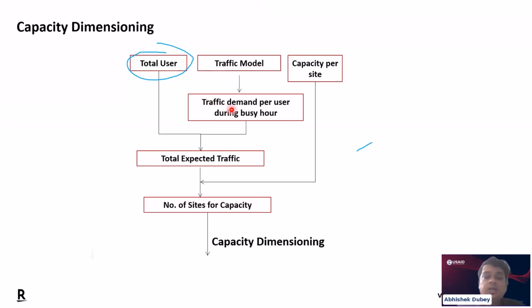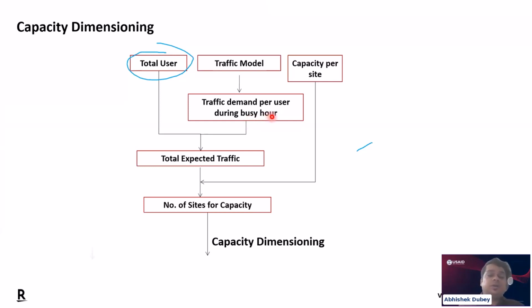You got the traffic model. Now you will calculate the traffic demand in the BHCA, the busy hour. There is a certain scenario, some calculation or simulation you need to do to get the busy hour traffic demand with the help of the traffic model. It is based on application modeling. Based on the application, you can calculate what traffic demand you are going to get per user during the busy hour.